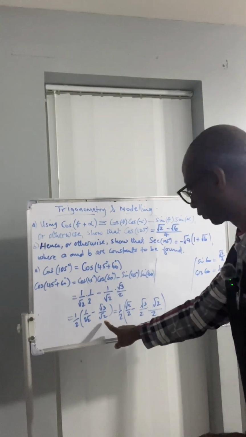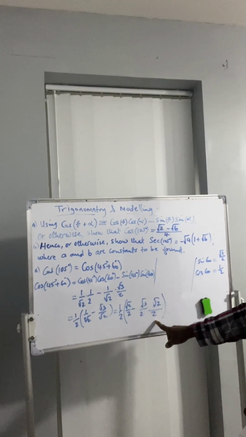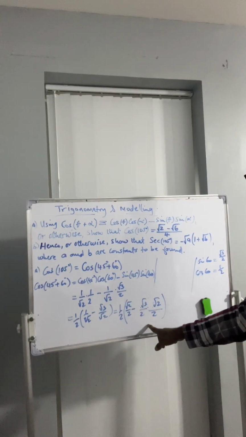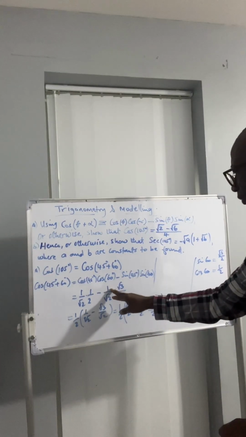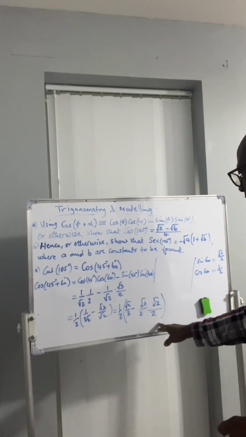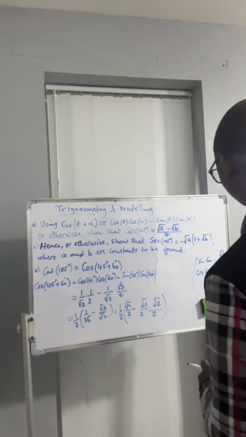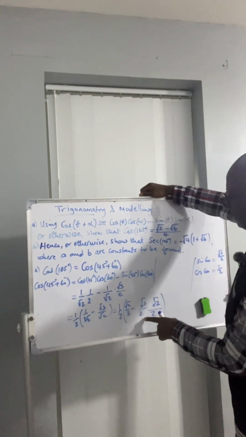When you rationalize this root 2, you get root 2 all over 2. And this one is still there. Root 2 all over 2.